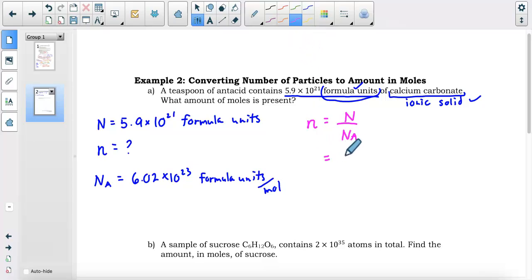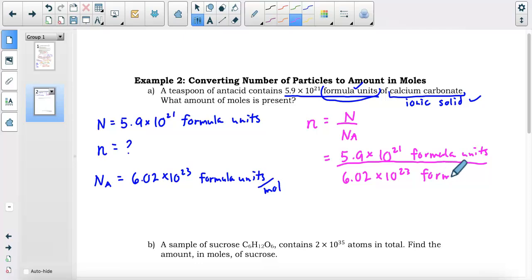Okay, we're going to plug in our values. So we've got 5.9 times 10 to the 21 formula units, and we're going to divide this by 6.02 times 10 to the 23 formula units per mole.